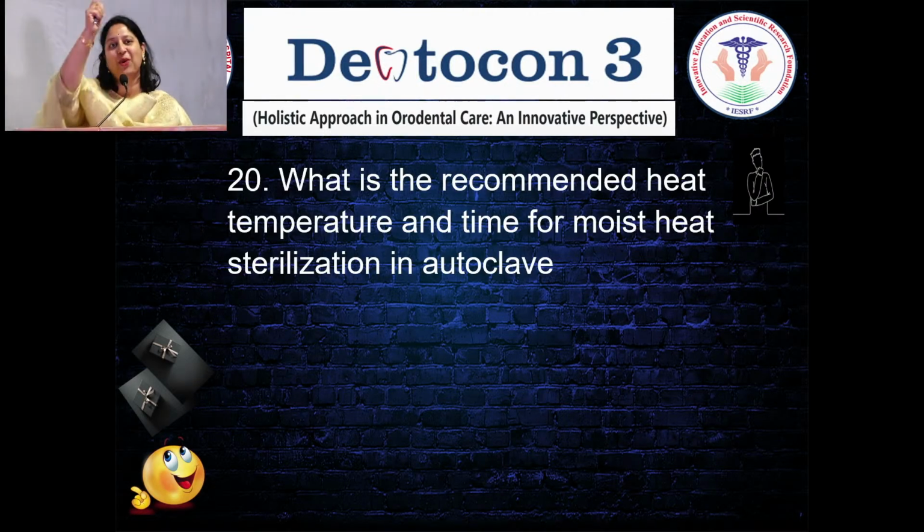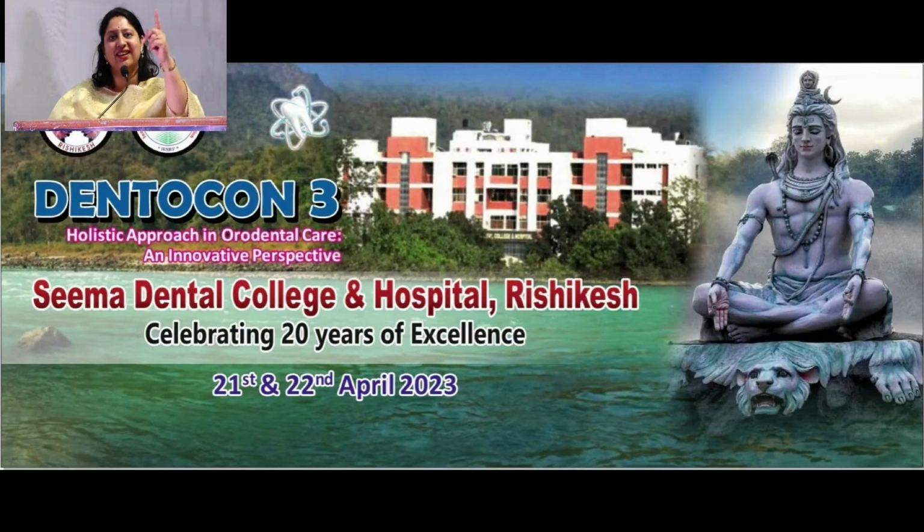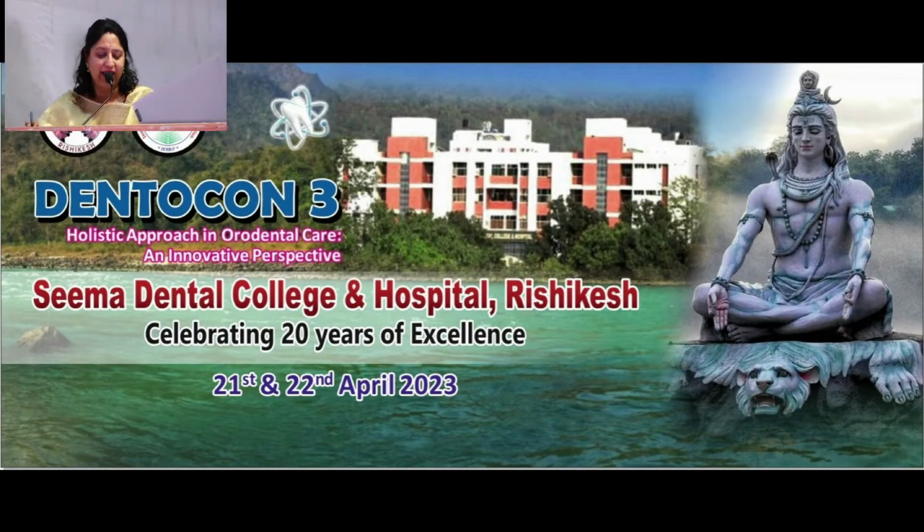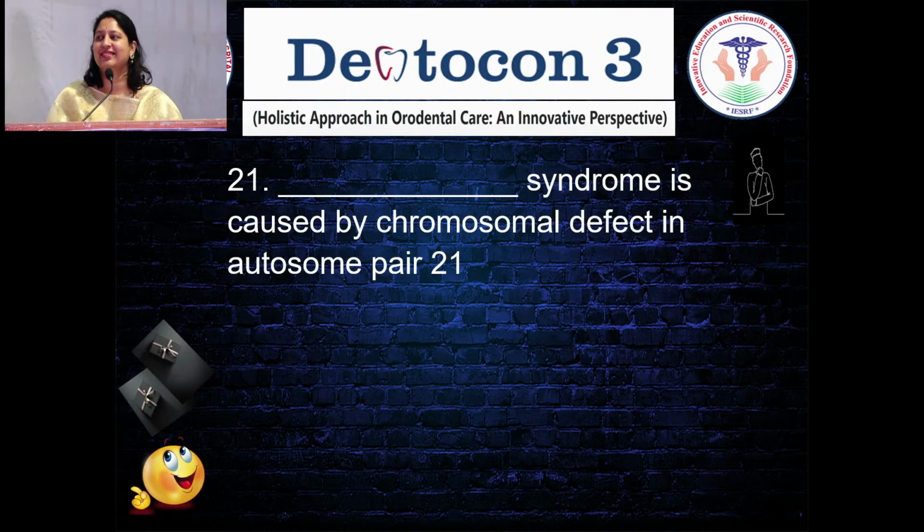Which syndrome is caused by chromosomal defect in autosome pair 21? Very common syndrome. Autosome pair 21. Yes, raise your hands. Everyone answers from this side, nobody from the other side is answering. Those on the other side, raise your hands. Yes, very good.